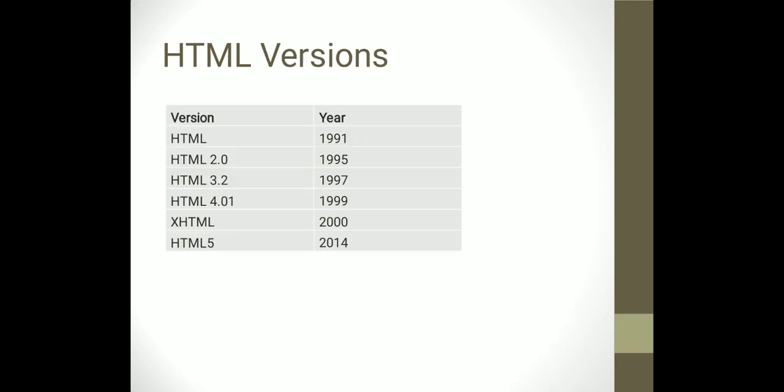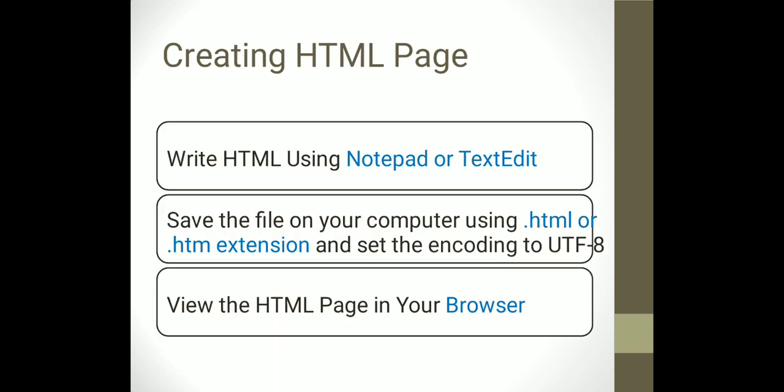Here is the list of HTML versions, like when the first HTML version was created, that was in the year 1991, and now HTML5 is also running in today's life. So how to create this HTML page?